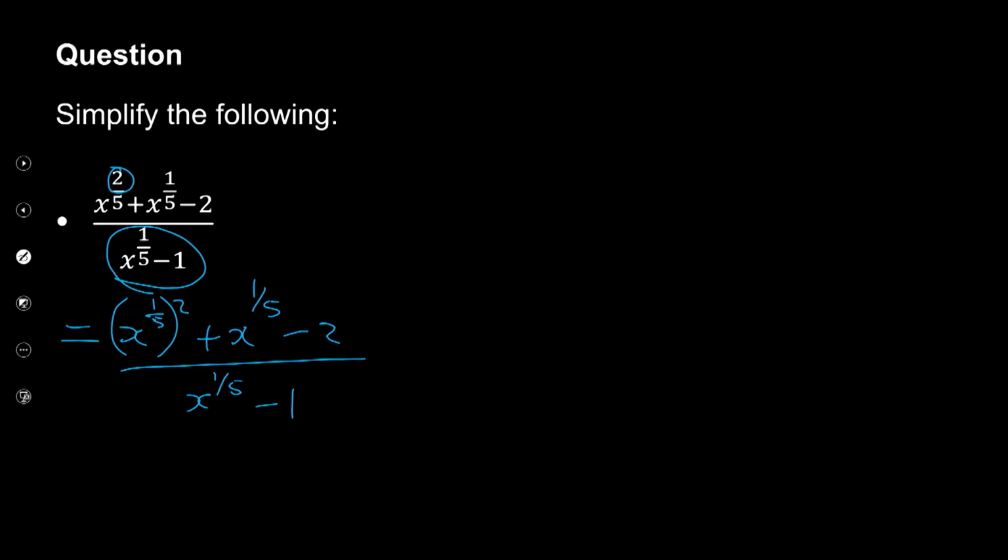And then I can factorize the numerator. If I factorize the numerator, it will then be x to the exponent of 1 over 5 in one bracket, and then x to the exponent of 1 over 5 in another bracket. Now remember, I've been saying that if the factorizing part gives you a problem, you can just say let x to the exponent of 1 over 5 be equal to k, right?